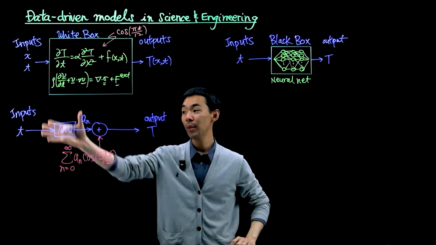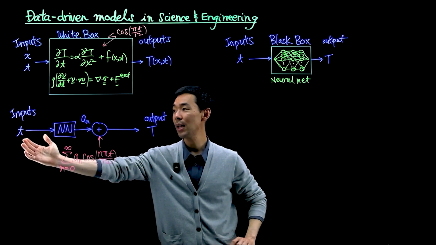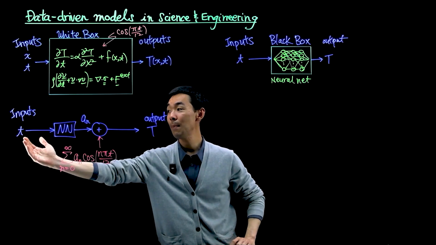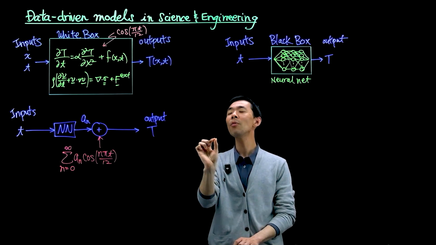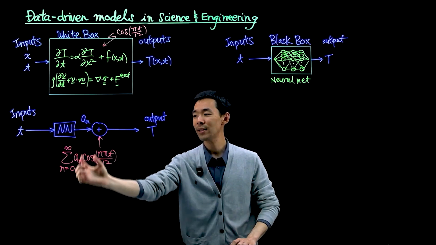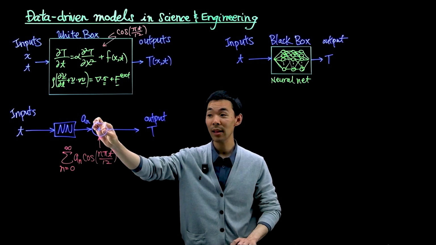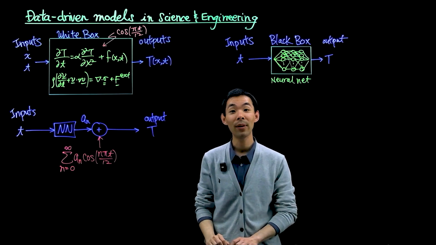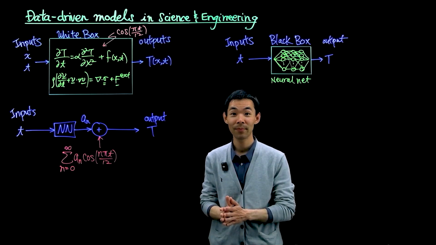Here, this neural network block is understanding the relationship between input t and only a part of your solution, the weights of your Fourier series. And I'm going to combine the two together, and out comes my output, which is what I want, the temperature. That's what we want at the very end.